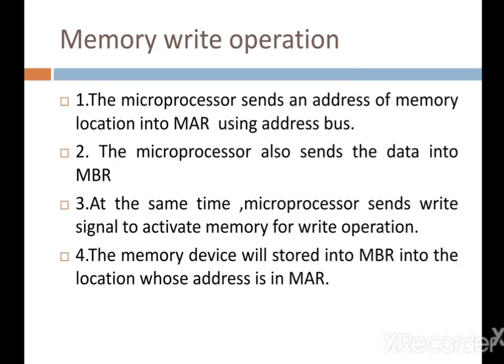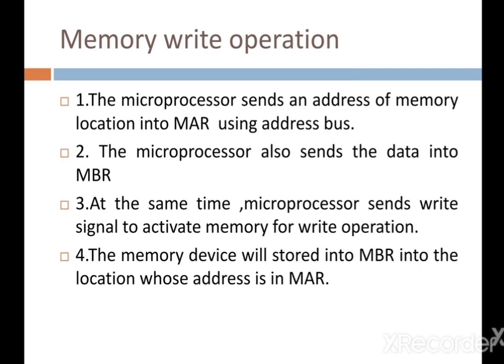Then next is the memory write operation. First step, the microprocessor sends the address of the memory location into the MAR using the address bus. Second step, the microprocessor also sends the data into the MBR. Third step, at the same time the microprocessor sends the write signal to activate memory for the write operation.